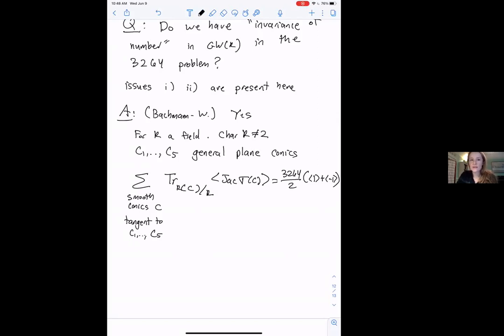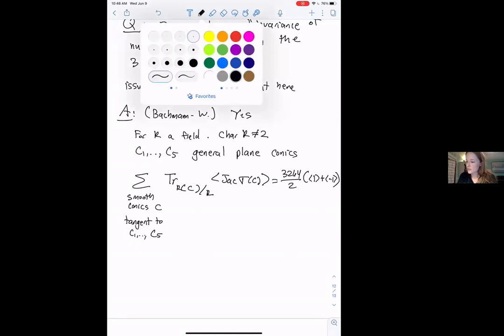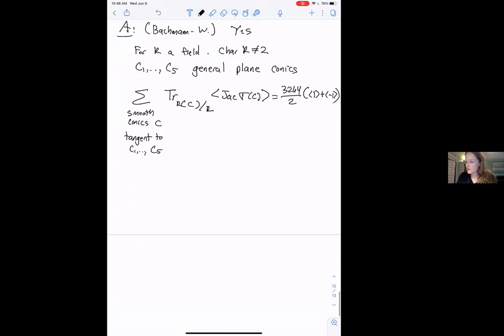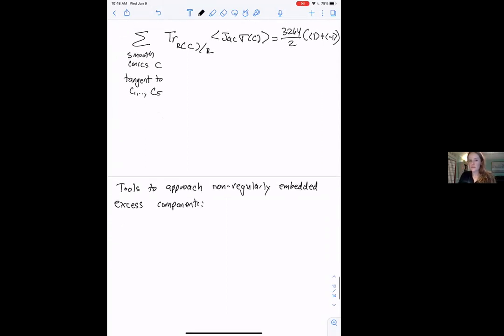So, tools to approach non-regularly embedded excess components. And also just for its own interest.